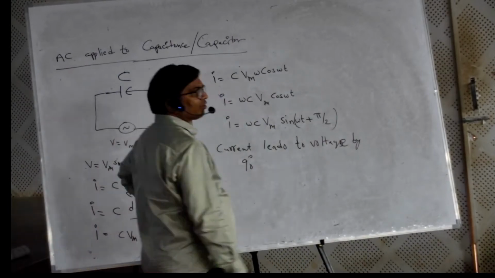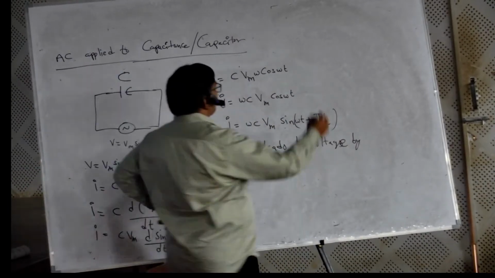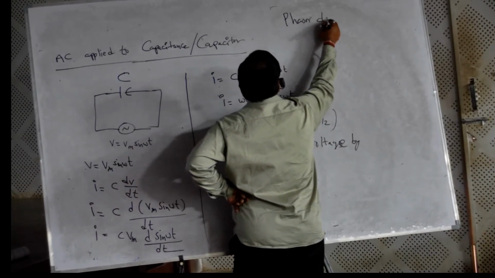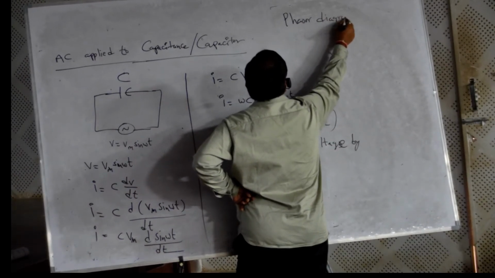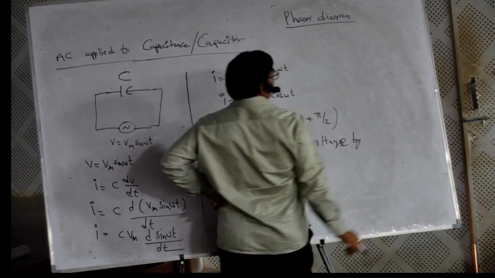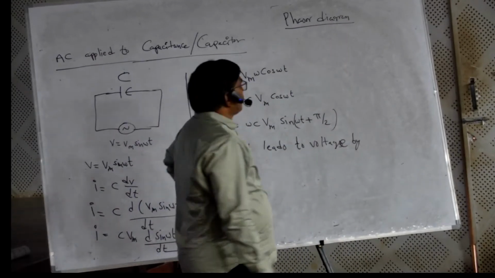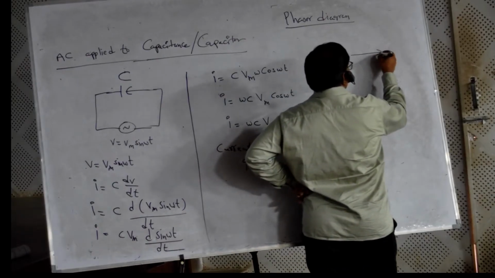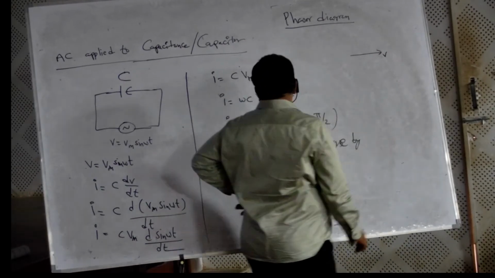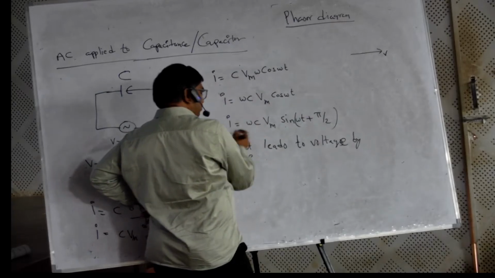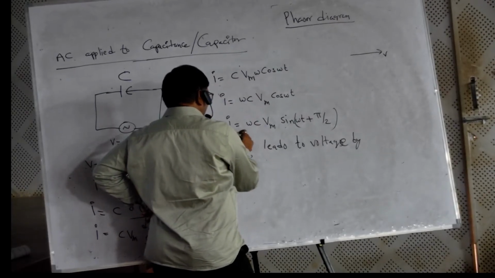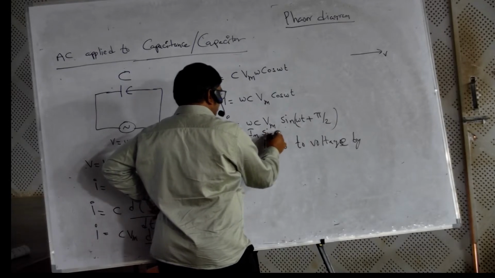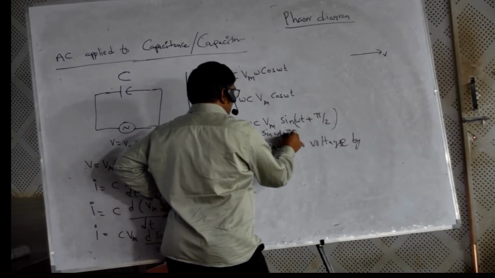-90 degrees. What is the phasor diagram now? Now we are taking voltage as a reference. Can I write this as I is equal to Im sin(omega t plus pi by 2)?